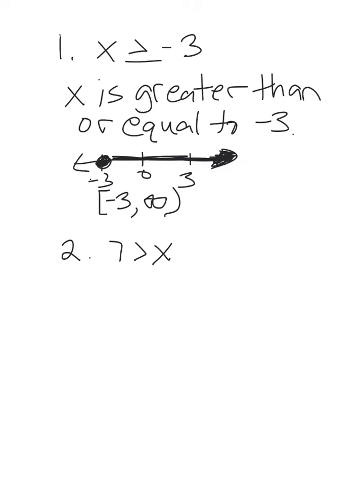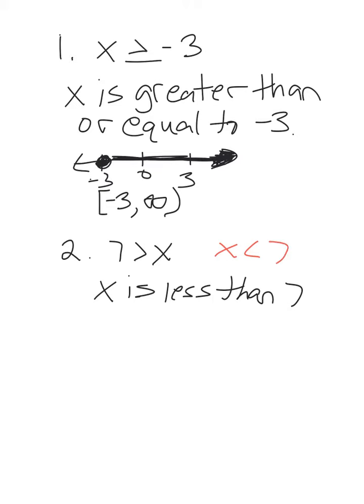So number 2, it says 7 is greater than x. However, we start with the variable. So you have to be careful on this. X is less than 7. If you have to, you can rewrite it as this. Just flip everything around. X is less than 7.